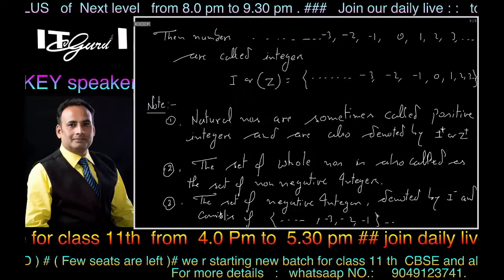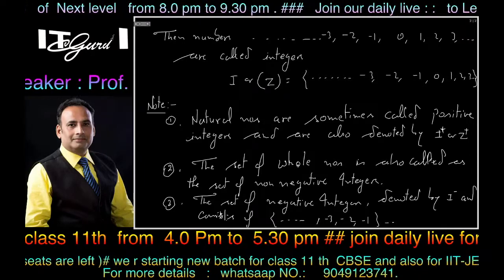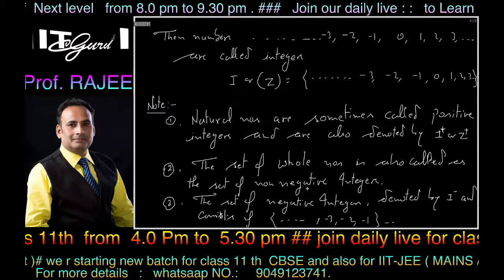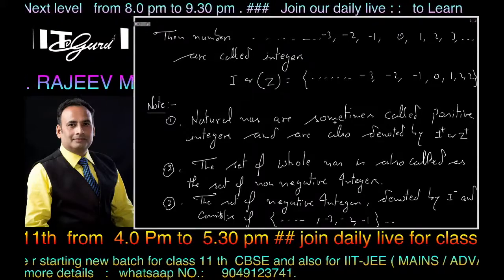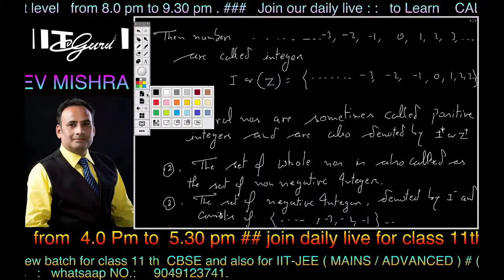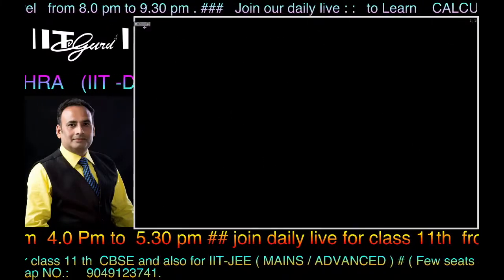Anyway, as you see, all non-negative integers are the set of whole numbers. If we say the set of non-positive integers, what does it mean? Non-positive integers include 0 and the negative integers.